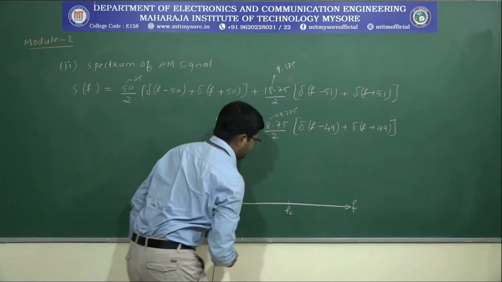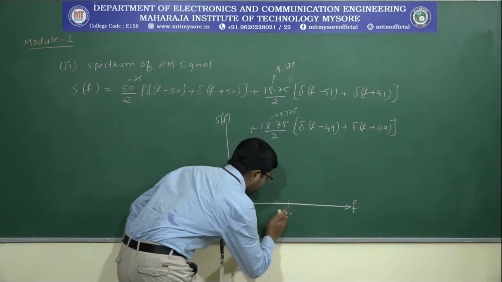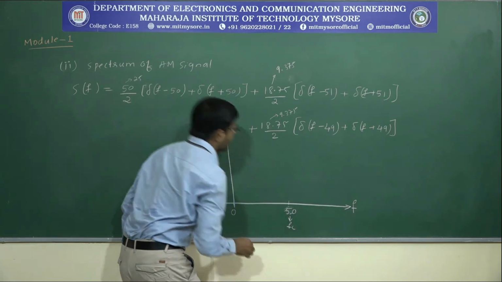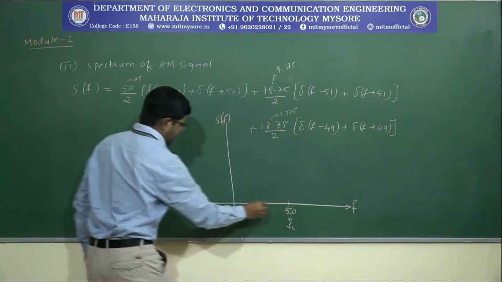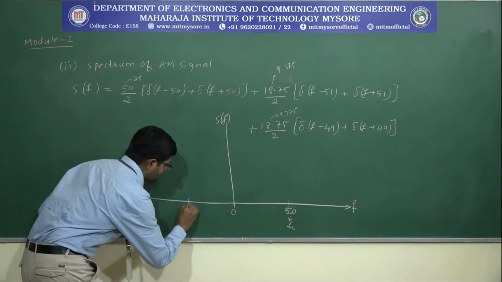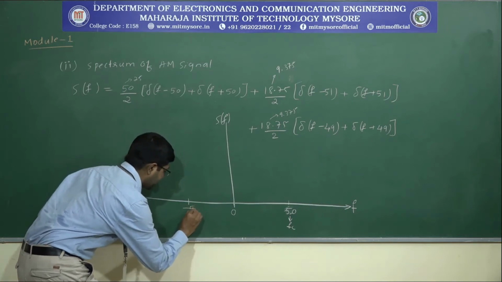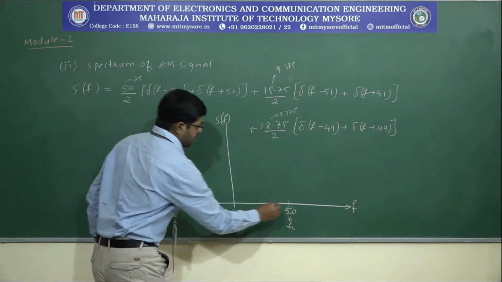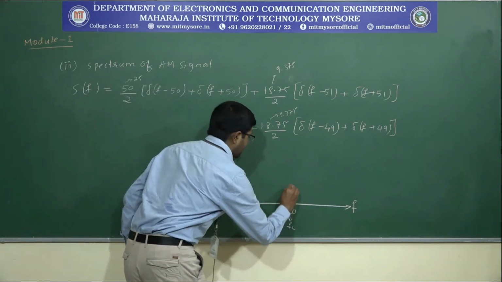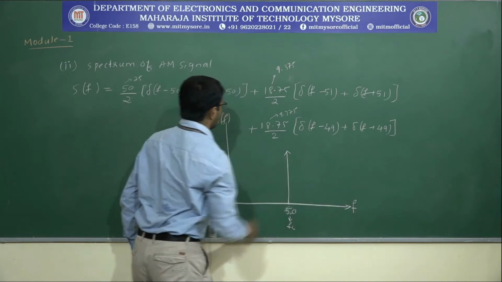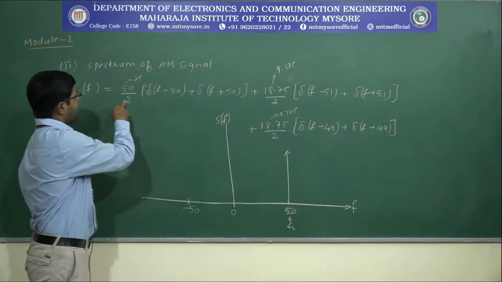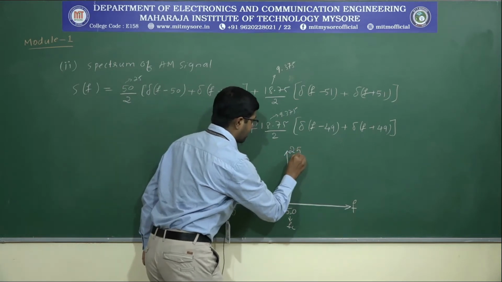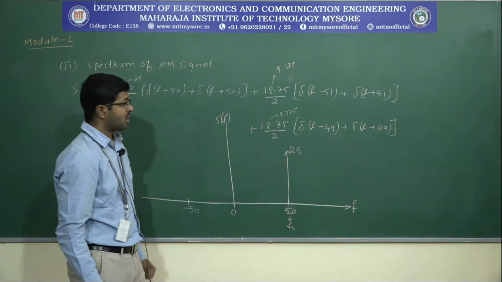First let us write the Fc value, which is 50 hertz, and similarly we get minus 50. Next, what is the amplitude at Fc? It is 50 by 2, which is 25. The magnitude of this carrier frequency is 25.